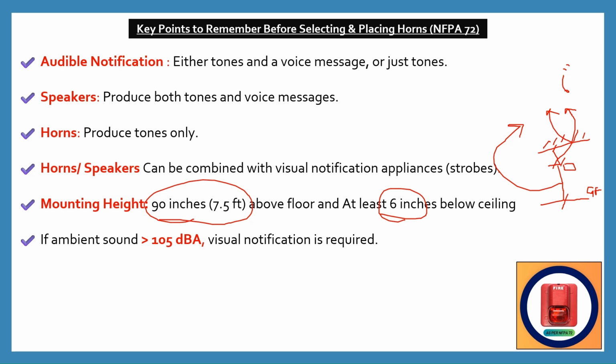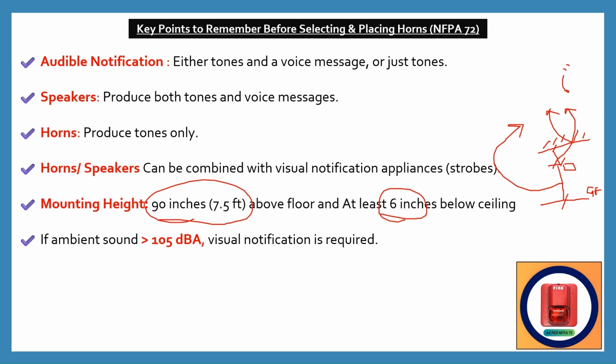High ambient sound. It means if the background noise level in an area is over 105 dBA, then visual notification is mandatory to ensure the alert is noticed. So if ambient sound is greater than 105 dBA, visual notification is required.